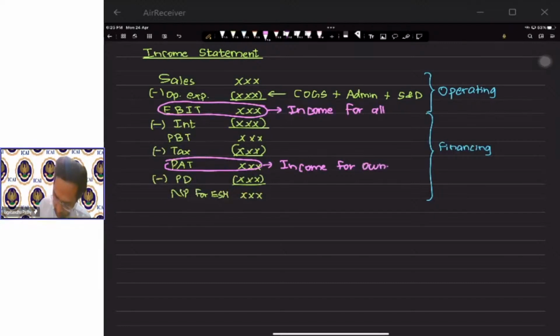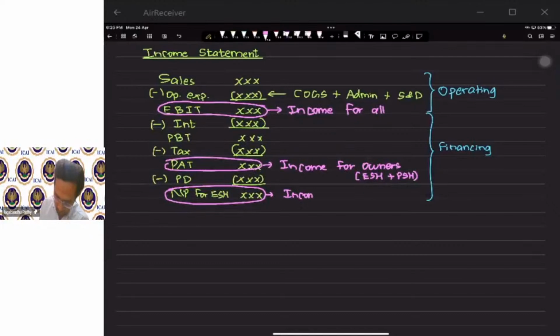And remember, owners means equity shareholders plus preference shareholders. And what about net profit for equity shareholders? It is income for equity shareholders only.